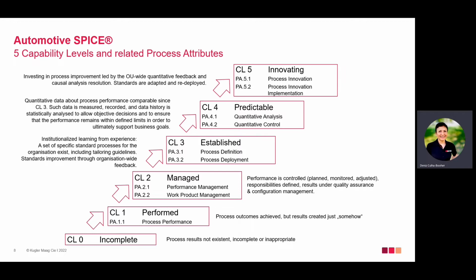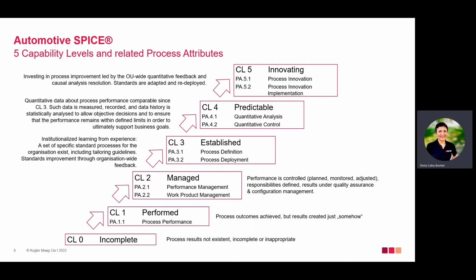And to get to capability level 4, now we are doing analysis of data on how well we are performing and making it predictable, and we're able to manage that standard process with qualitative and quantitative analysis and control it.